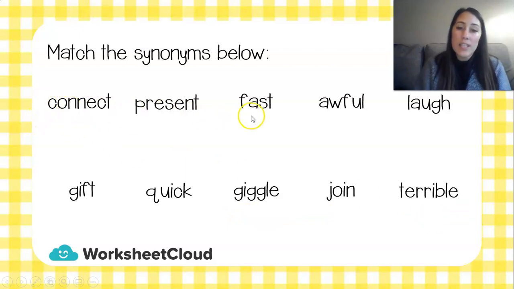So here is a set of synonyms, and then here its partner is somewhere at the bottom, and we need to match the correct one. So connect, if we connect something, it could be that we join something together. You can connect a puzzle, or you could join a puzzle when you put something together.